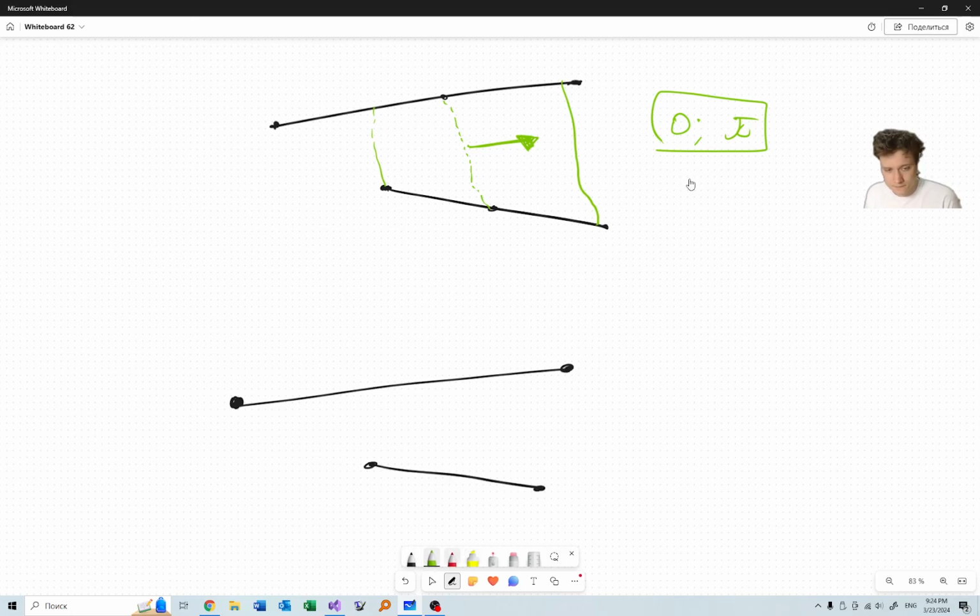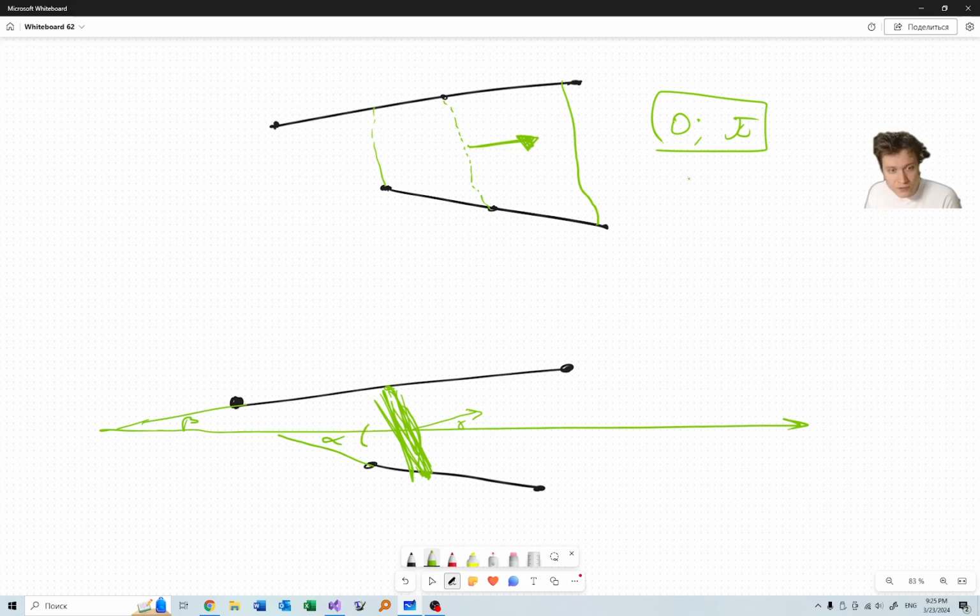Okay, so let's take some horizontal axis, and let's say that this angle is alpha and this angle is beta. And we take some segment with some normal angle gamma. What is the probability of such a line? We need to fix the probability. So assume that we take a unit segment here.